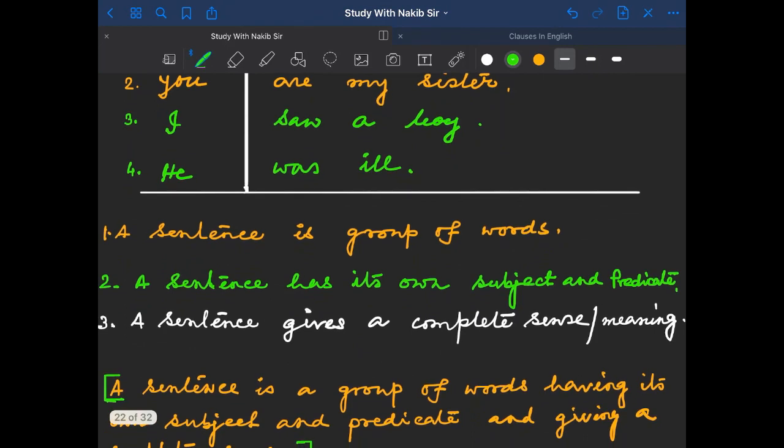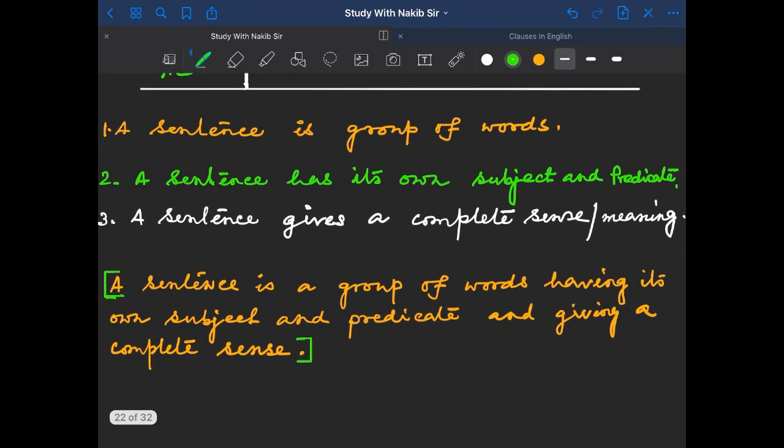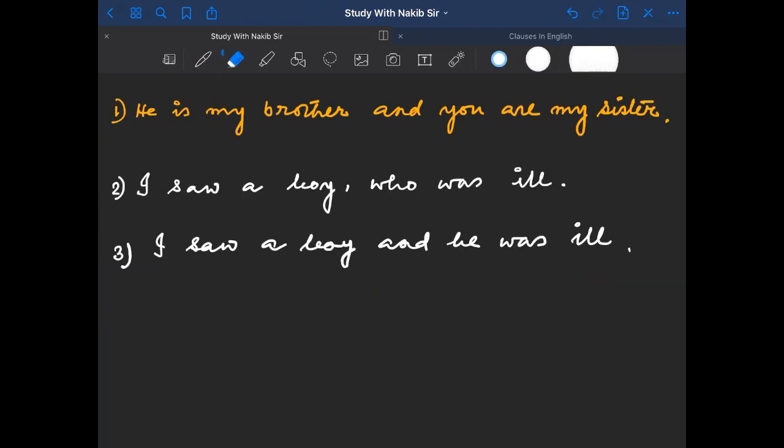And number 3, each sentence gives a complete sense or meaning. So, the definition of a sentence is a group of words having its own subject and predicate and giving a complete sense. Okay?